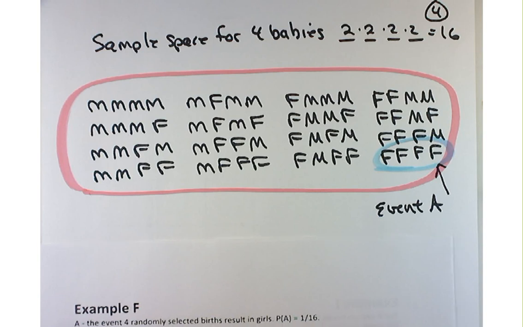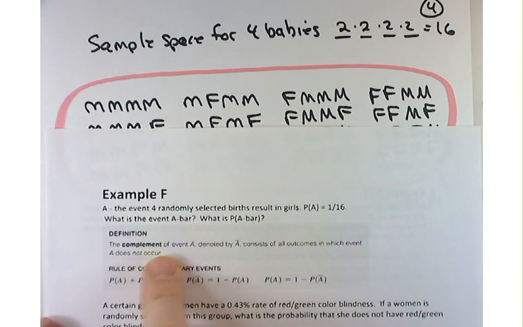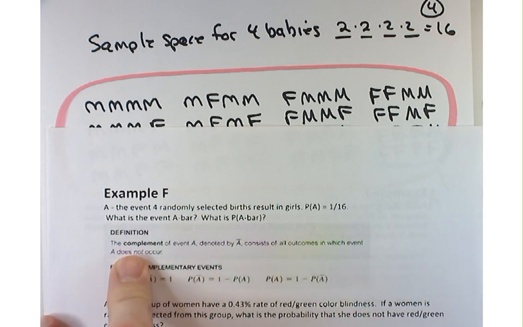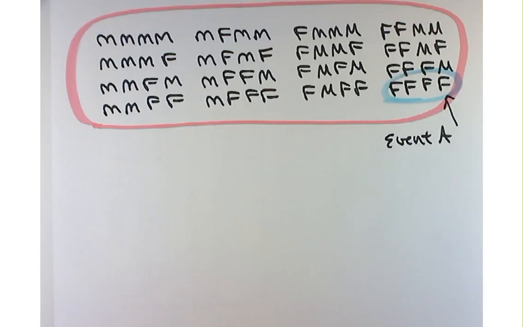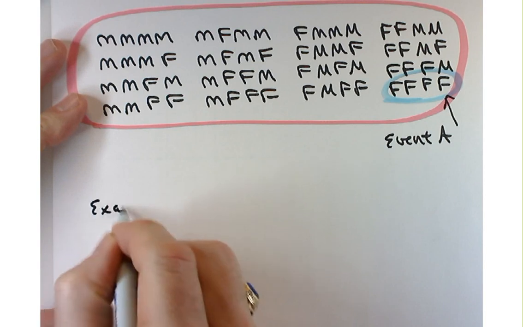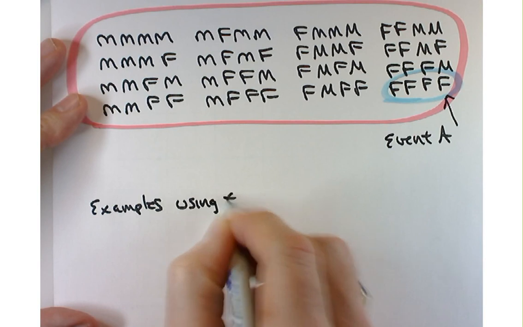So let me write down a few examples of a complement. The complement of an event, denoted by the bar notation, consists of all outcomes in which the event does not occur. So I'll give it to you graphically, and I'll give it to you with some examples. Examples using the complement.